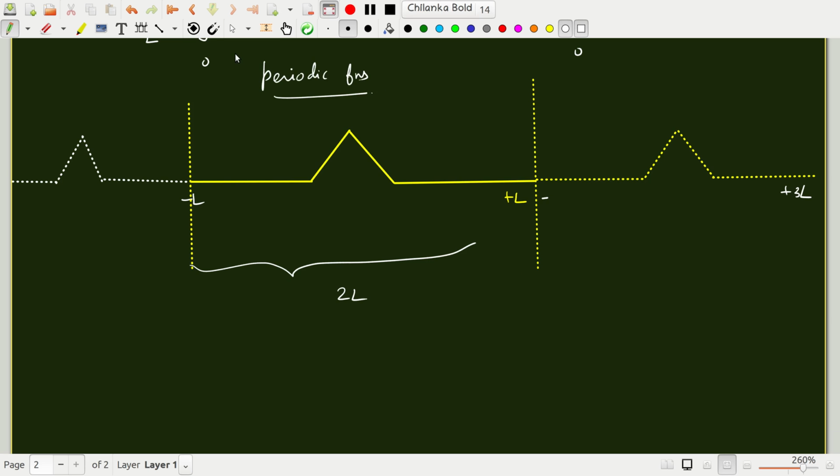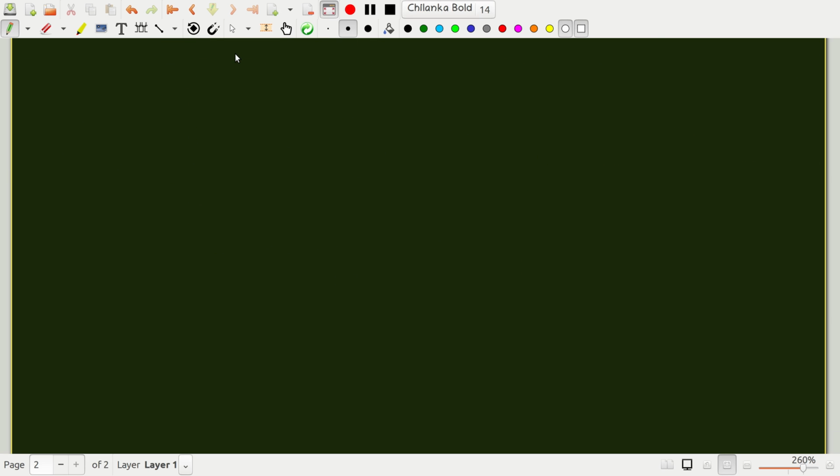Now, what about functions that aren't periodic? That is something that we often encounter. So before I do that, let me also recap the exponential form of a Fourier series.